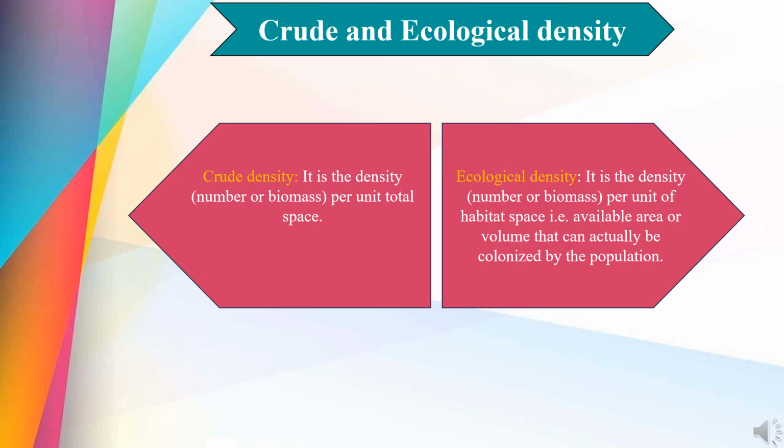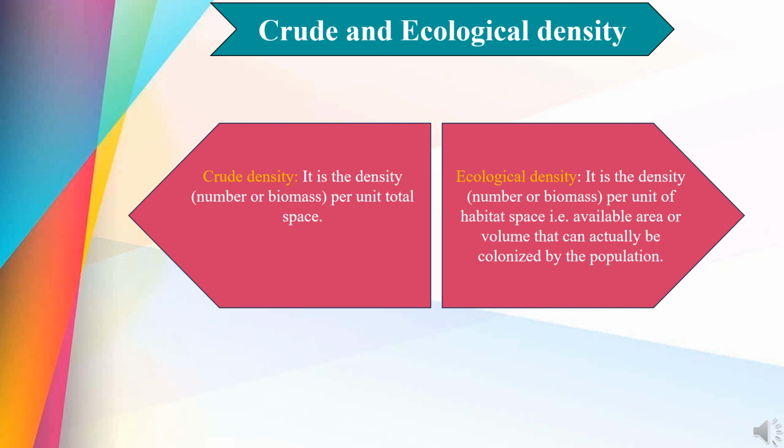Then coming to crude and ecological density. Since the patterns of dispersion of organisms in nature are different, it becomes important to distinguish between the following: crude density, which is the density per unit total space, and ecological density, which is the density per unit of habitat space, that is, available area or volume that can actually be colonized by the population.